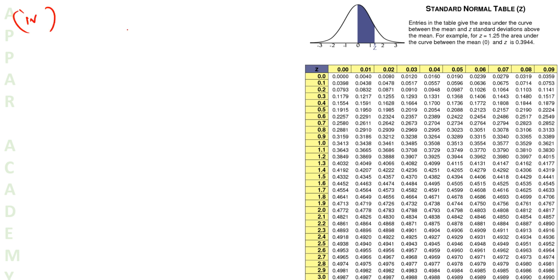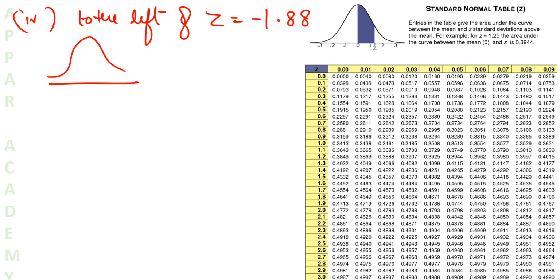Okay. Now fourth part. Fourth part is to the left of z equal to minus 1.88. So to the left of this means, let's again mark it, mu is equal to 0, minus 1.88 is here. To the left means this region, right?